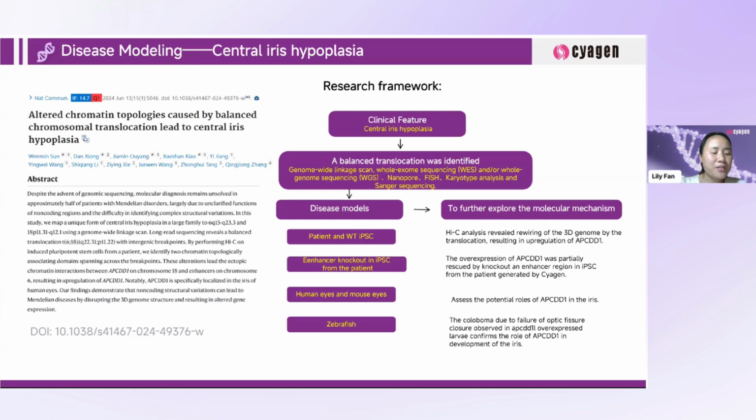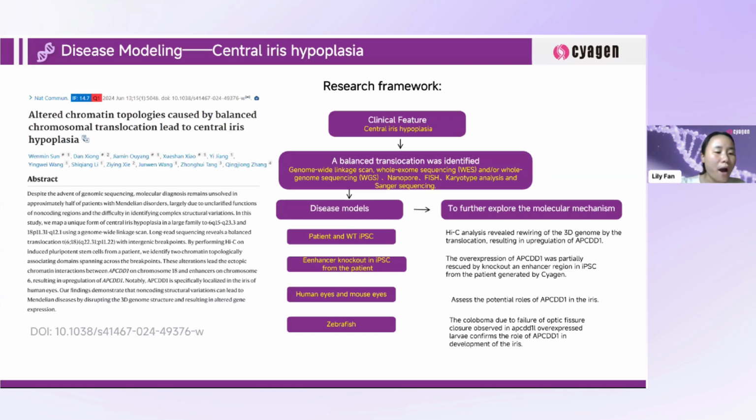How to use iPSC gene editing to generate a disease model? Take central iris hypoplasia as an example. Researchers used iPSC as a disease model and found altered chromatin topologies caused by a balanced chromosome translocation led to central iris hypoplasia. Here is the research framework.